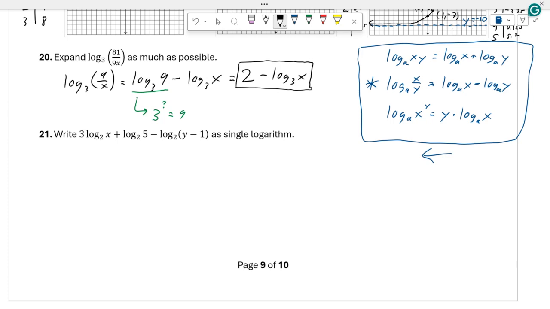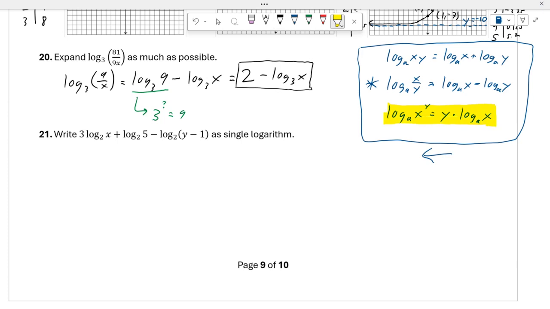The first thing that I noticed with this problem is that in order for us to condense the logarithms into a single logarithm, first of all, any coefficients in the front, we need to apply this rule, okay?